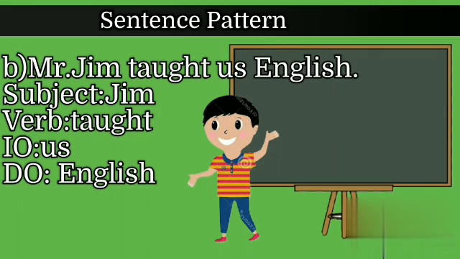So, us is the indirect object. The difference between indirect object and direct object is that direct object answers the question what or whom, but indirect object answers the question to whom or for whom. Hope you have understood this difference.